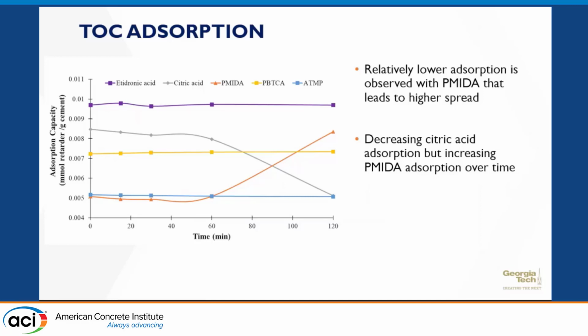And if you remember, citric acid and ethyluronic acid led to really quick set time, but they had the highest adsorption among all these retarders. After a certain time, citric acid adsorption decreases, whereas PMIDA adsorption increases. But why?